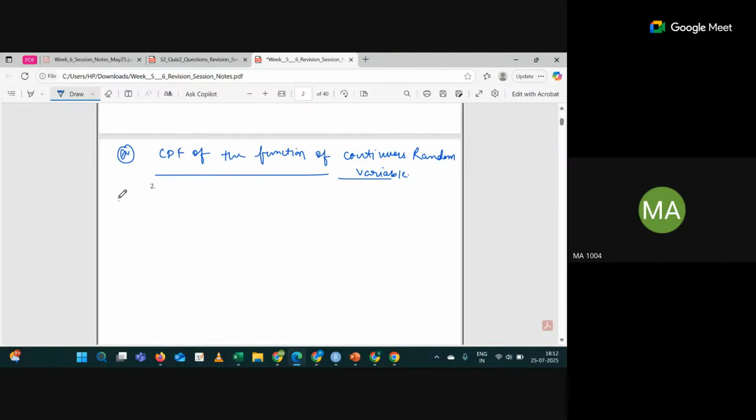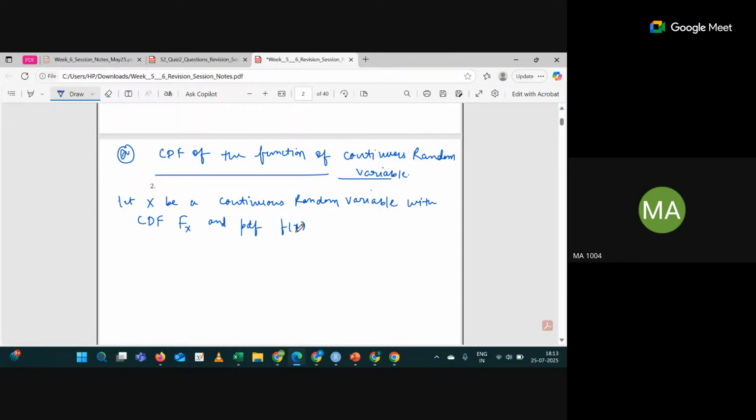Suppose X is a continuous random variable with CDF capital F of x and PDF small f of x.